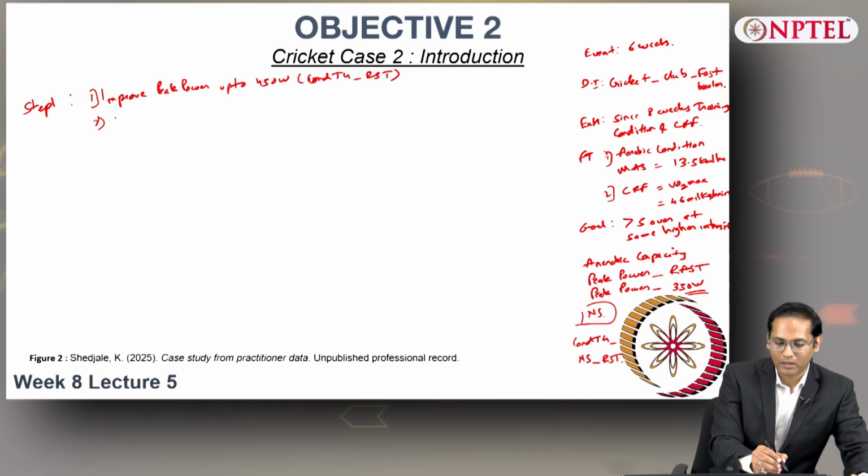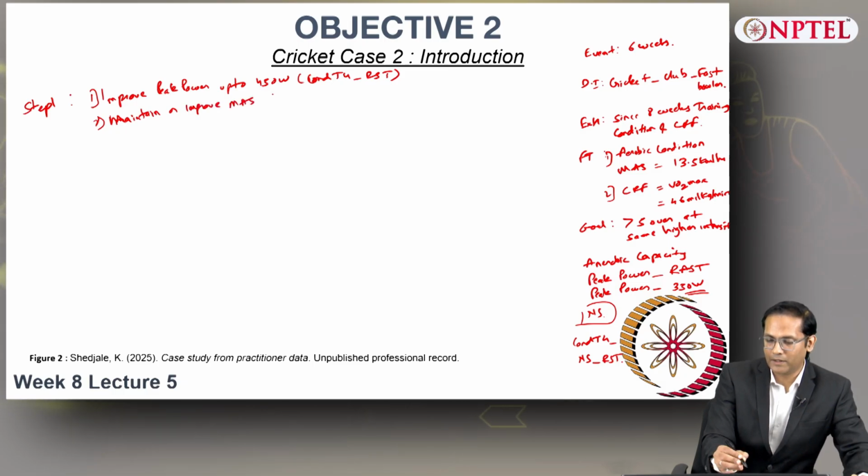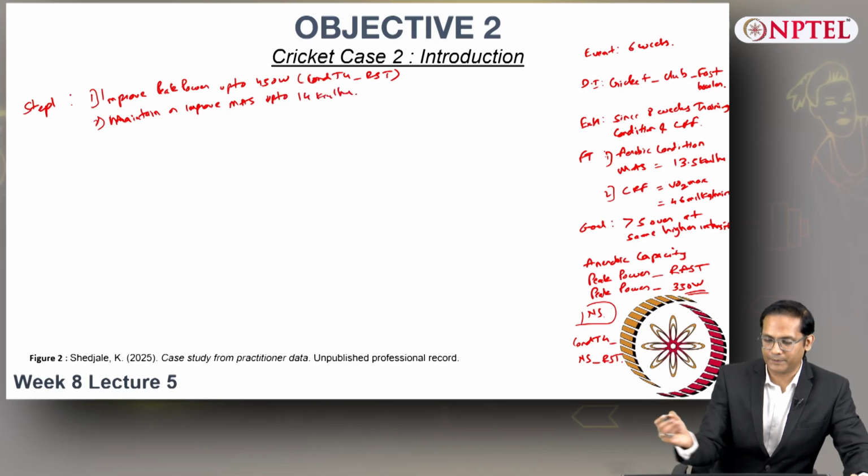Second is to maintain or slightly improve the aerobic conditioning by 5%, that is up to 14 km per hour.